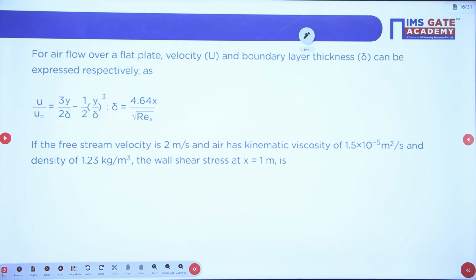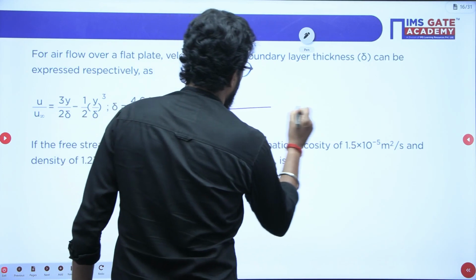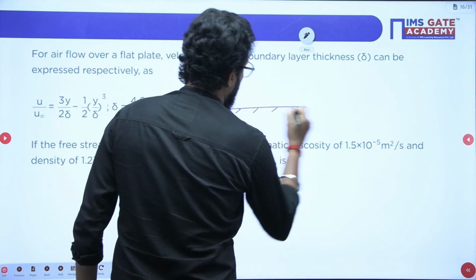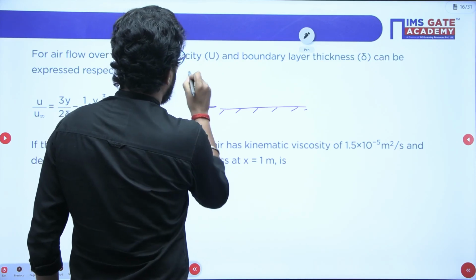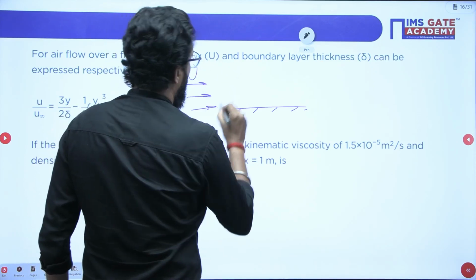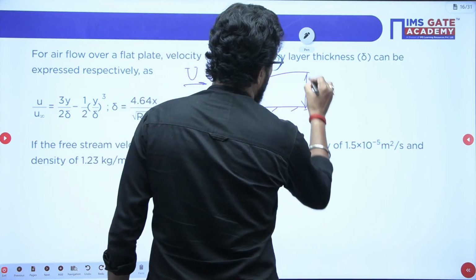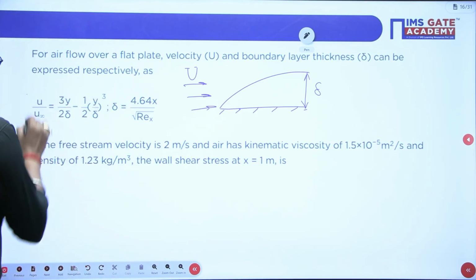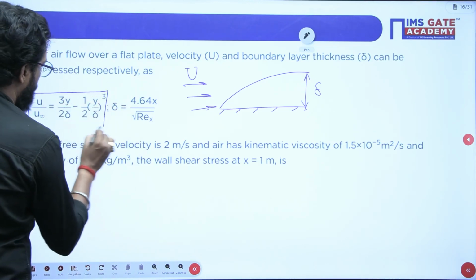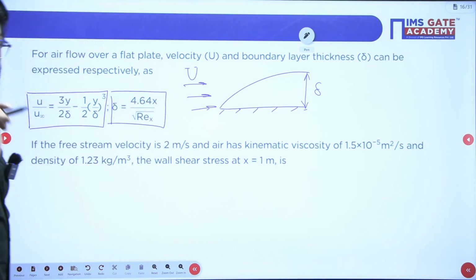So, a flow over a flat plate. This is your flat plate, and the flow is there over the plate with velocity U. There is a development of a boundary layer, and this is your boundary layer thickness delta. It can be expressed through this velocity profile, u by u infinity, and the boundary layer thickness is given. Don't remember.